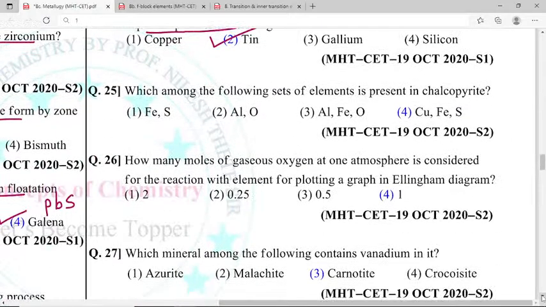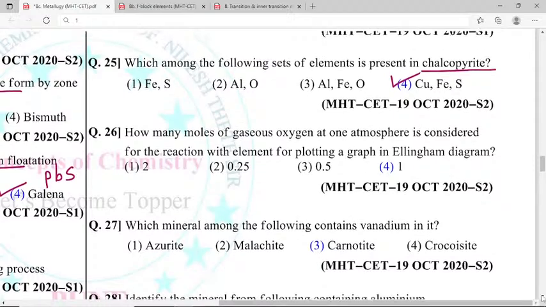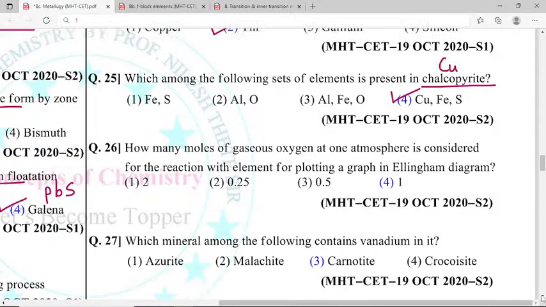Liquation process of tin. Which among the following sets of elements is present in chalcopyrite? Very important, CuFeS2. Chalcopyrite, CuFeS2. IMP question for 2026 CET exam.